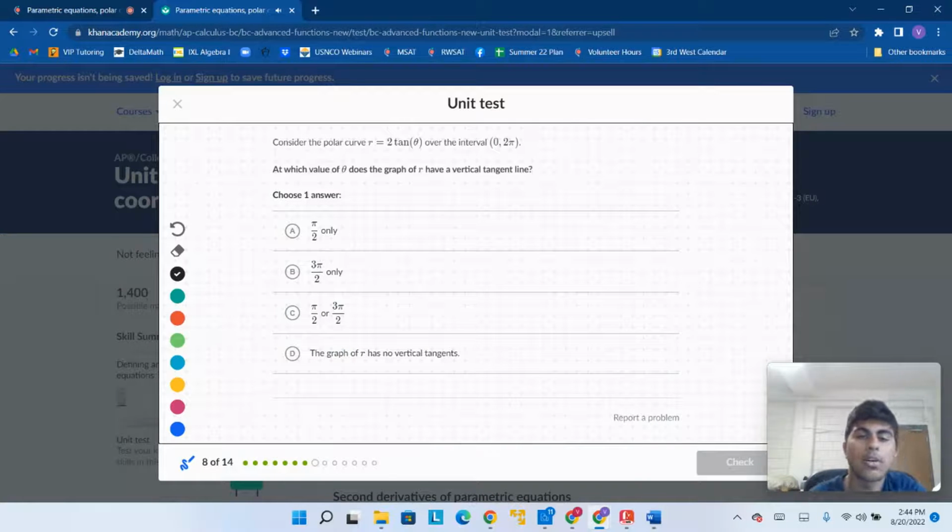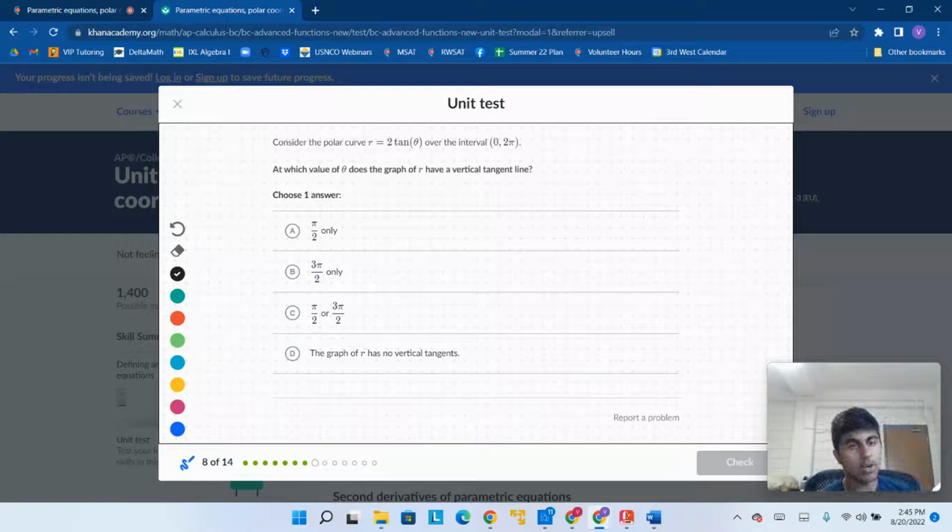Consider the polar curve r equals 2 tan theta over the interval 0 to pi. At which value of theta does the graph of r have a vertical tangent line? So that means it's not defined, really. Well, how do we go about doing this? You have to make it y and x.